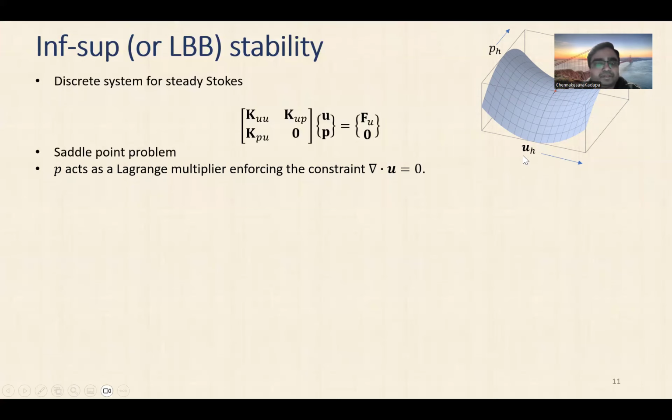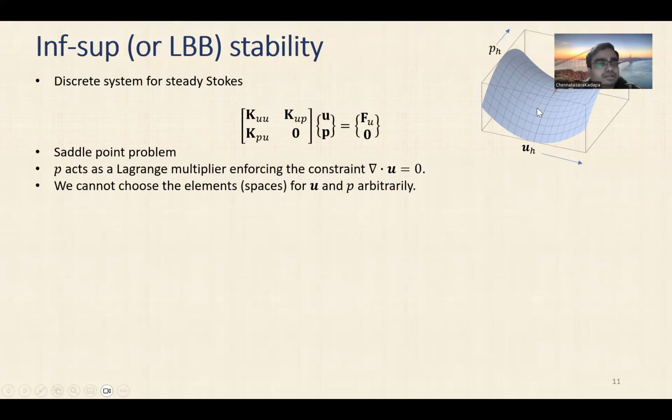Here, in U we are minimizing, so we are looking at the minima, and in P we are looking at the maximum. So we have only one location at which the solution is stable. If you have any other points, for example this point, then they fall down. If you drop a ball somewhere, it will fall down.